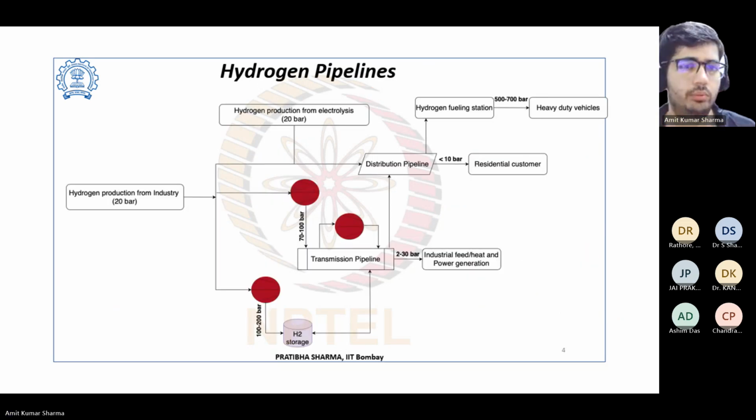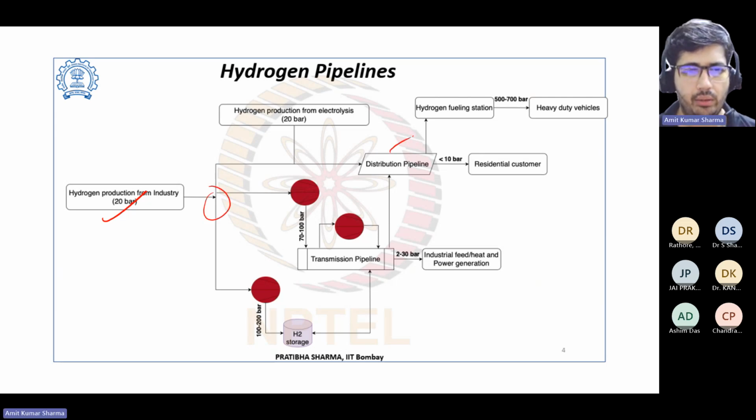If you are from industry at 20 bar, then you can either supply it to the distribution pipeline, or to an intermediate compressor where you can compress it and transfer it to the transmission pipeline, or you can store it in hydrogen storage.